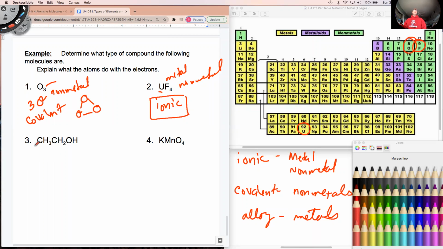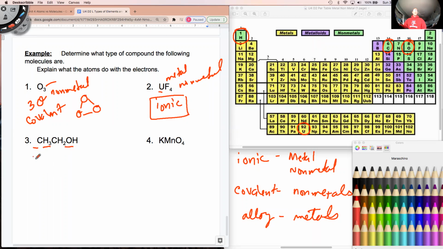Number 3, we have carbons, hydrogens, and oxygens. Let's find our carbons, our hydrogens, and our oxygens. So there's a carbon, there's a hydrogen, which is green, and an oxygen. What do you guys think? Well, carbon is a nonmetal. Hydrogen is a nonmetal.